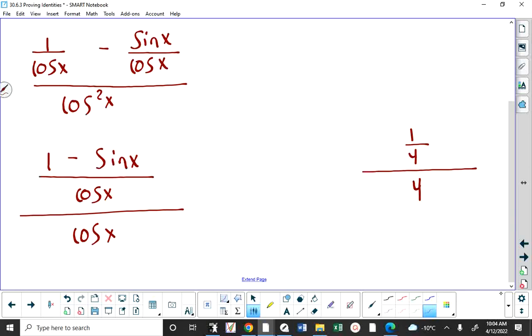Take your calculator and take 0.25 divided by 4. You do not get 1. You cannot do this. That's not allowed. That's not the way fractions work.